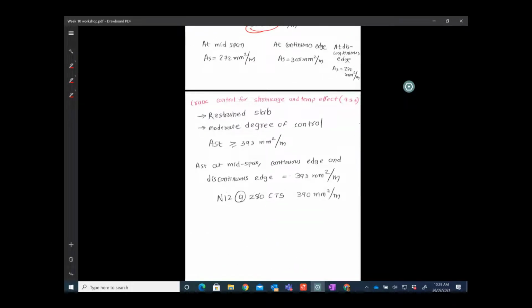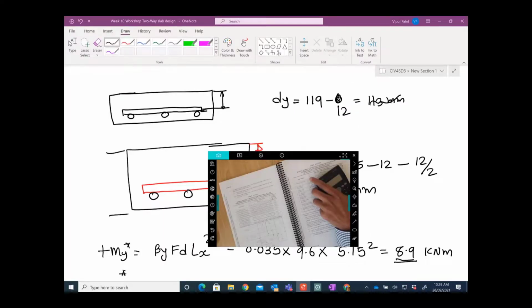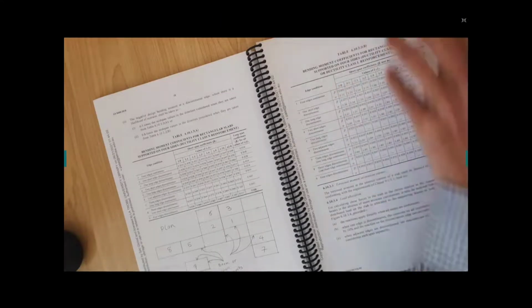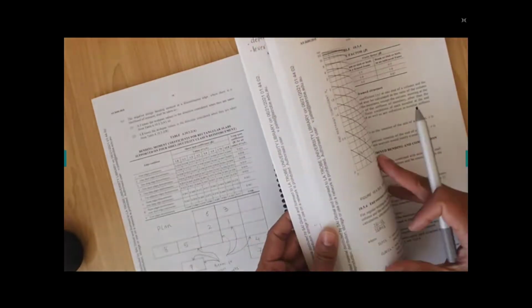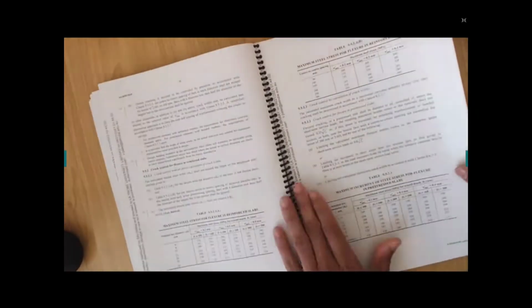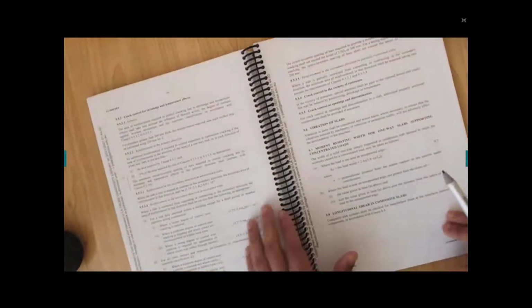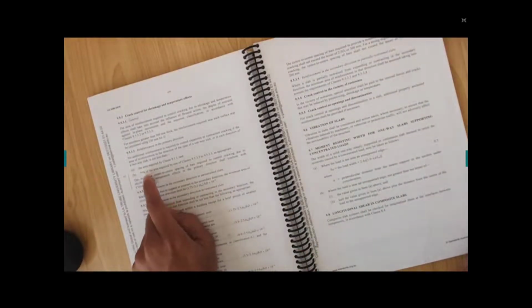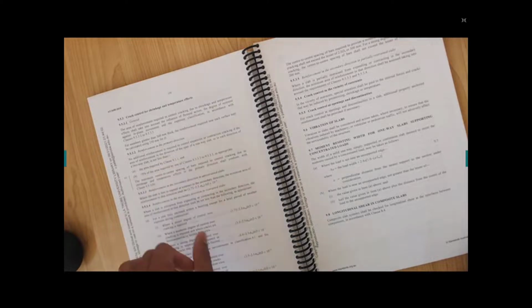Then crack controls. I think restrained moderate crack control. If you just go back and do this one in the secondary directions, I think I can explain it to you. Where was that? Now in the secondary directions, I'm not sure whether I did that one. You don't need to multiply by 75%. You just straight away come here in the secondary directions.